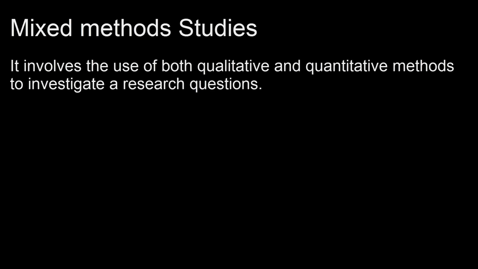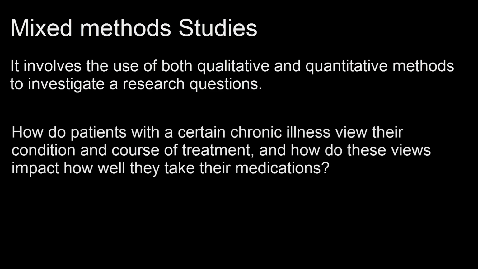One of the examples can be, how do patients with certain chronic illness view their condition and course of treatment, and how do these views impact how they take their medications?